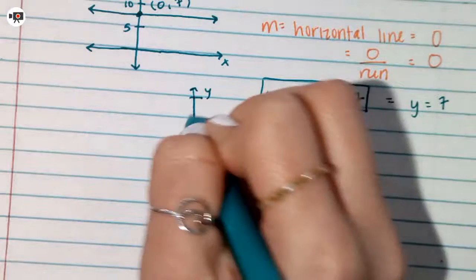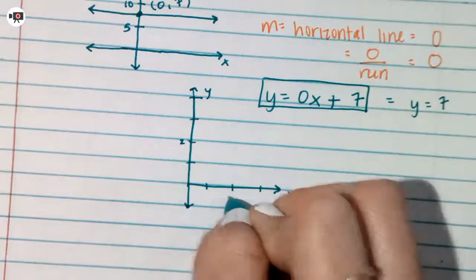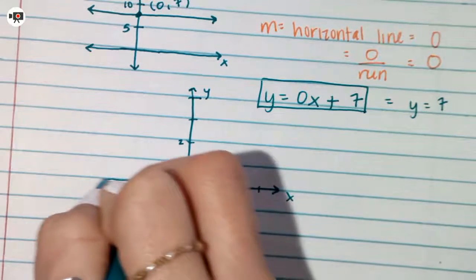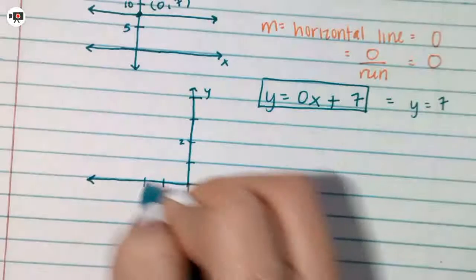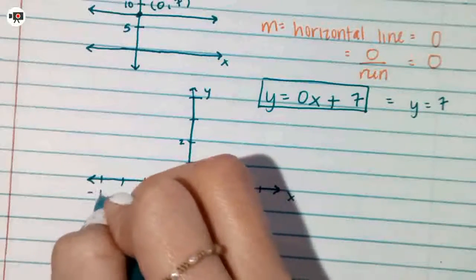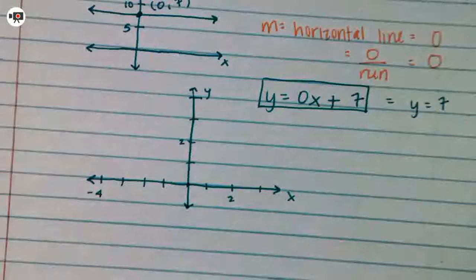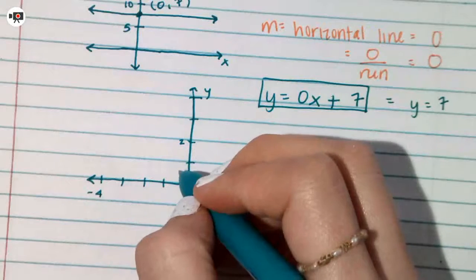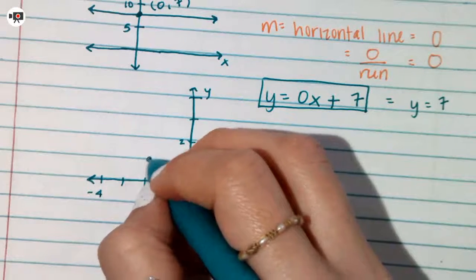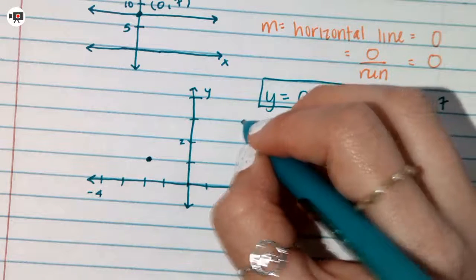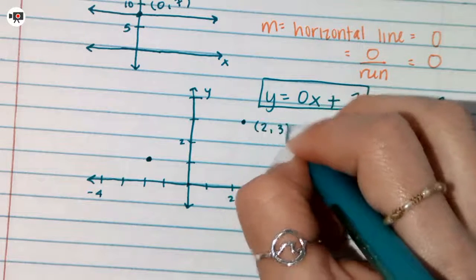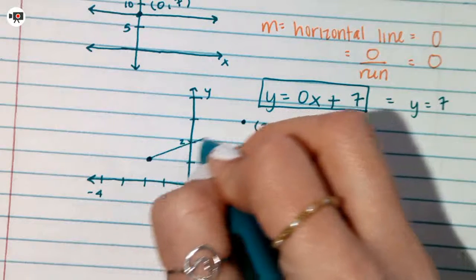I have y and x, it's 2 and 2, go this way a little bit, negative 4. Now this one is going to have the points negative 2, 1, and 2, 3. And connect them.